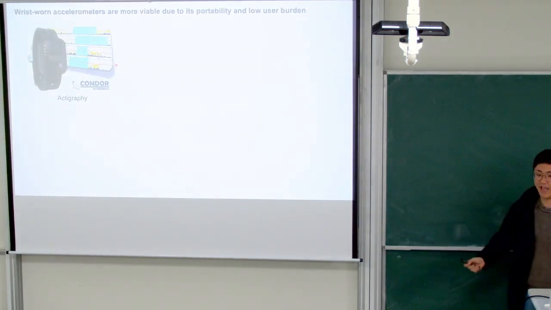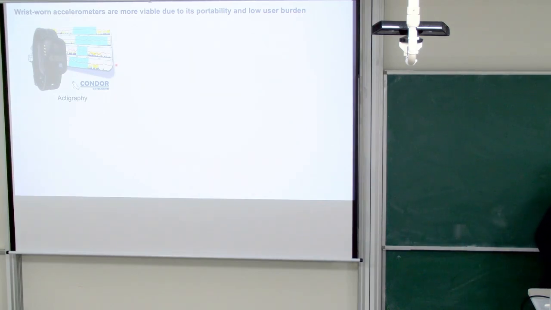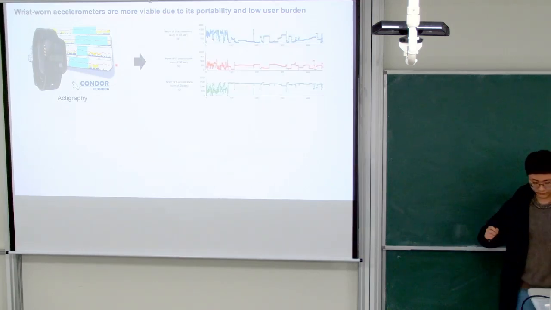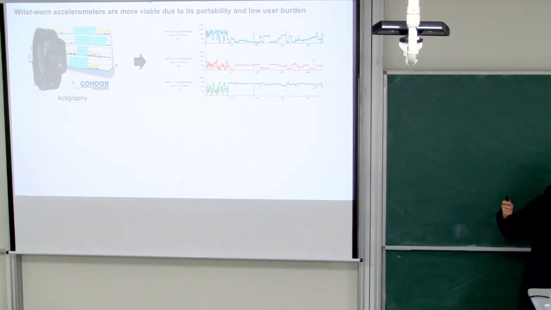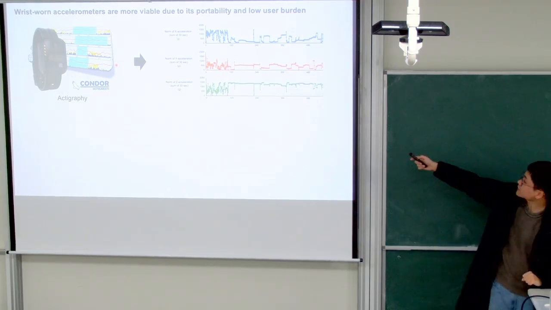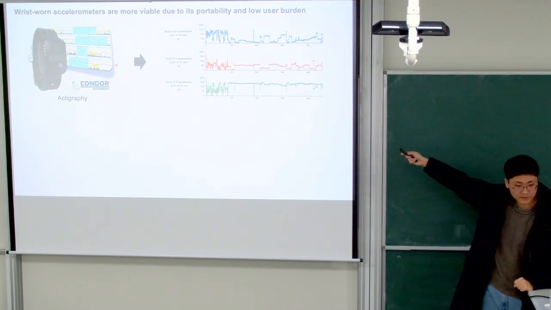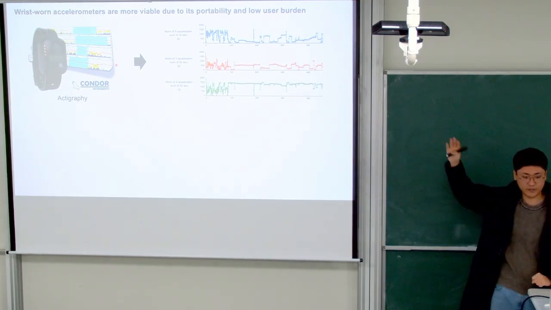alternative is the actigraphy. This actigraphy is kind of a watch, and it measures the acceleration made by the arm movement. So three directional, X, Y, Z acceleration is measured with this machine, and you can see this kind of time series data. This is a time series of acceleration.